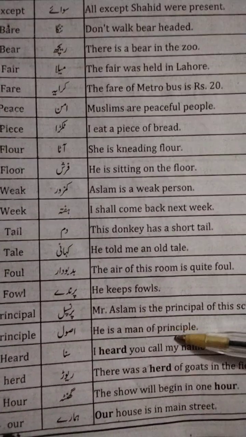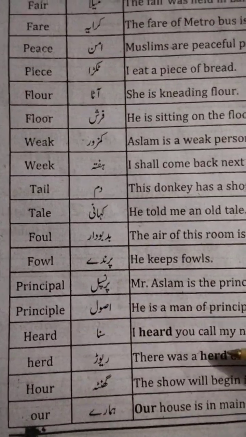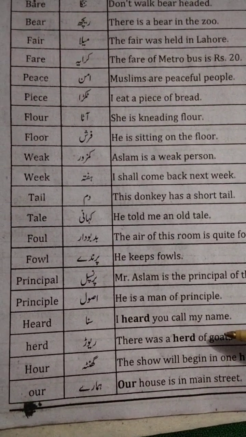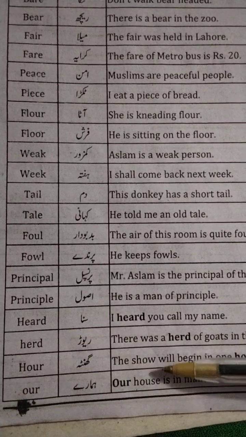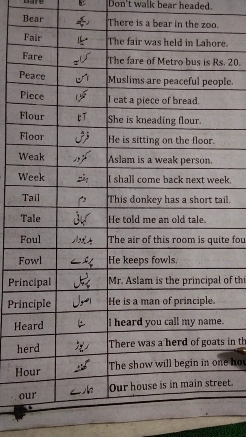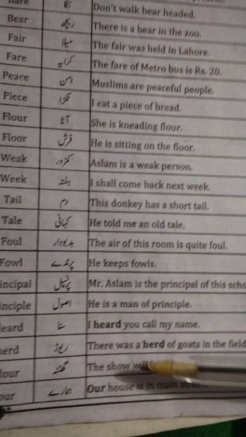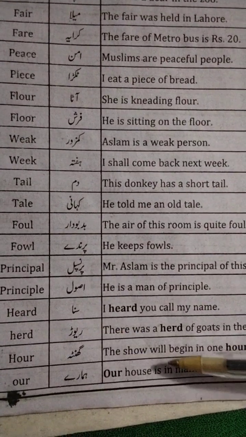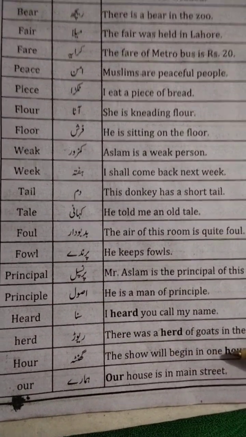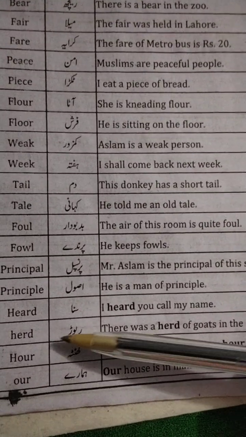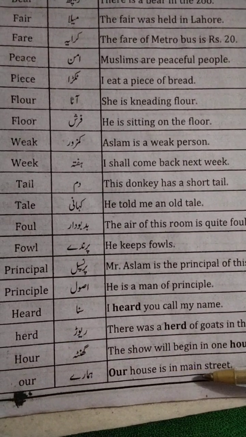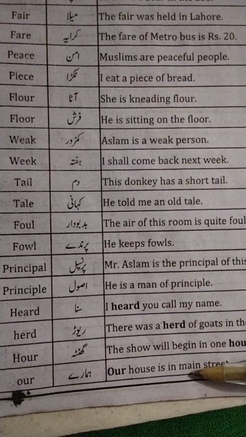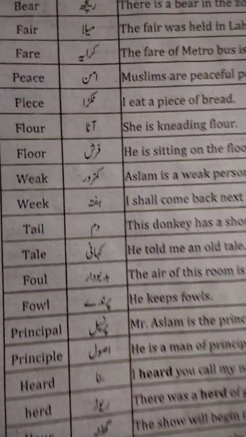He is the man of principle. Heard. I heard you call my name. Herd. There was a herd of goats in the field. Hour. The show will begin in 1 hour. Our. Our house is in Main Street.